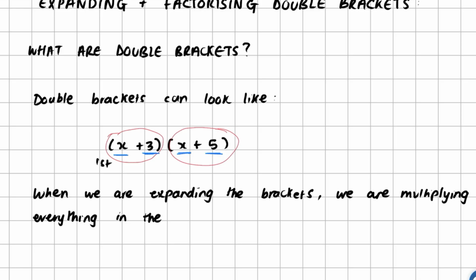So I'll say it's the first. Either one can be the first, but we'll say that one's first since it's the first one. With, say this is the second, with the second bracket.